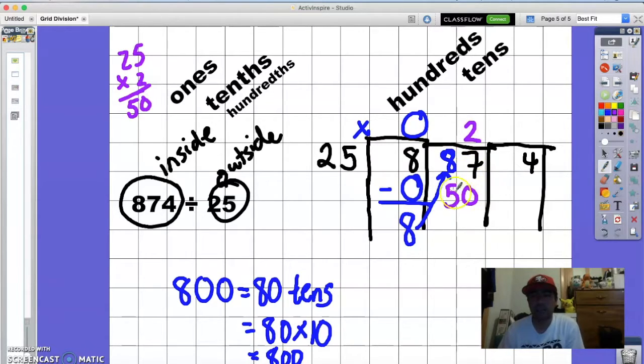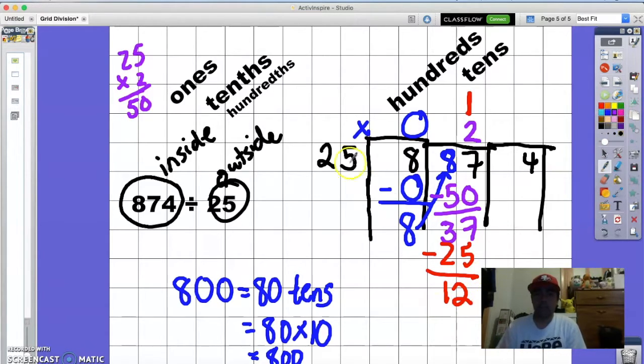What if I did that? Well, 87 minus 50 is 37. And now just by seeing this, I can still put another 25 and fit it into 37. So I know that 25 times 1 is 25. And now my remainder here is 12.